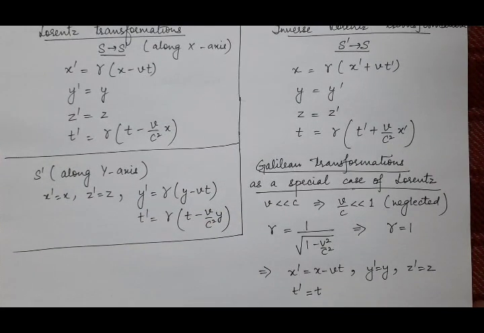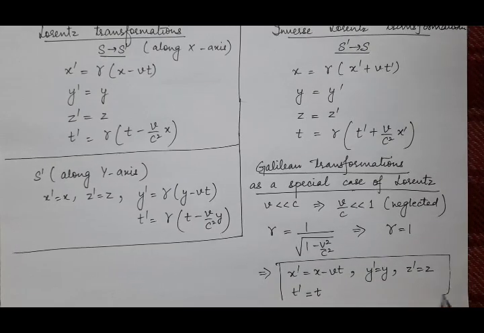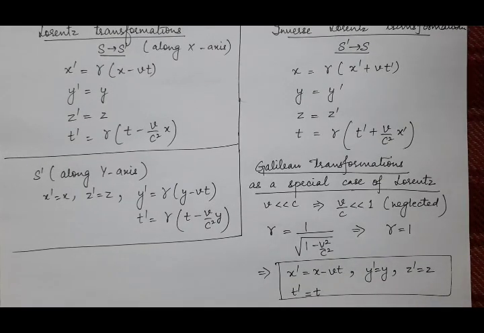And what is this? These are Galilean transformations from S to S dash. So in this way we have proved that Galilean transformations are the special case of Lorentz transformations. When v is very small as compared to c, these Lorentz transformations will be reduced to Galilean transformations.